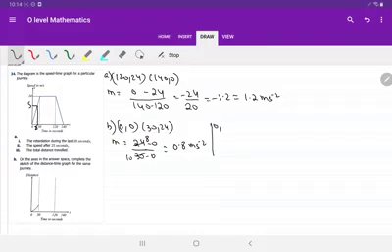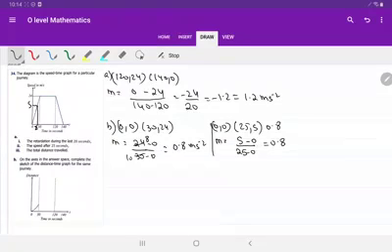Using this, 0, 0, 25, s, and the gradient is 0.8, we can find s minus 0 over 25 minus 0 is 0.8, hence s will be 0.8 multiplied by 25, that is 20 meters per second.